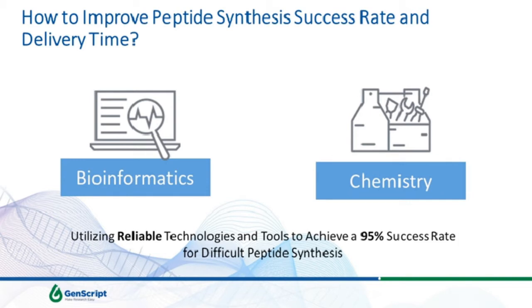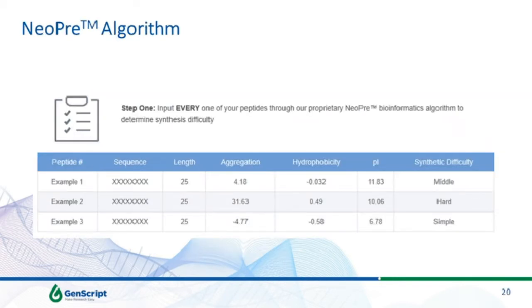Overall, by combining both these approaches with our core competence in peptide synthesis, we're able to achieve a 95% success rate for the synthesis of neoantigen peptides. It's worth mentioning that we have a higher success rate with more general peptides, but this is a very special subset of peptides, and we're focused on delivering a high-quality product.